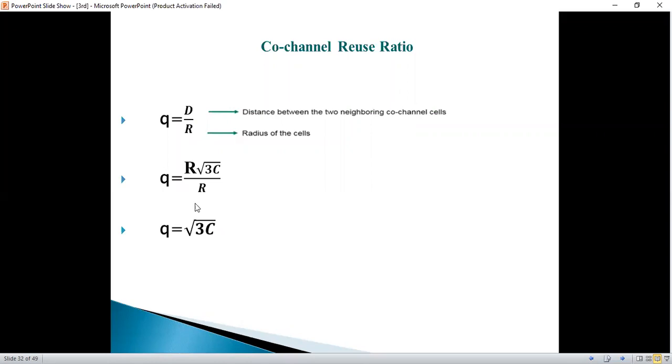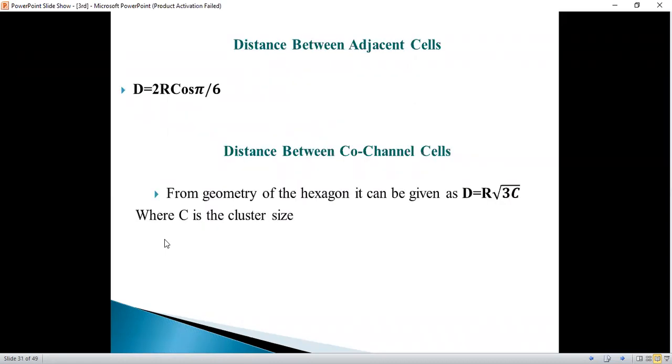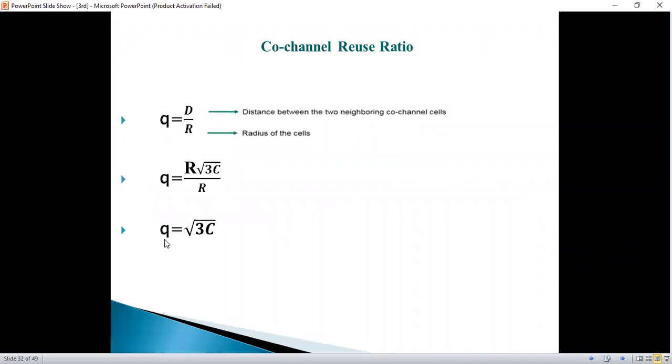R and R will be cancelled out, and you will just get this one. If I ask for D, just D, the distance between the adjacent cell or distance between the co-channel cell, then R will be provided to you, of course. But if you just need to find out the co-channel reuse ratio, you will not need R.